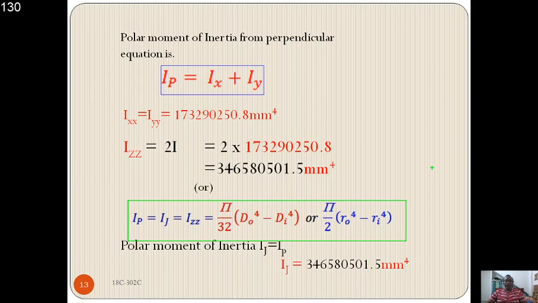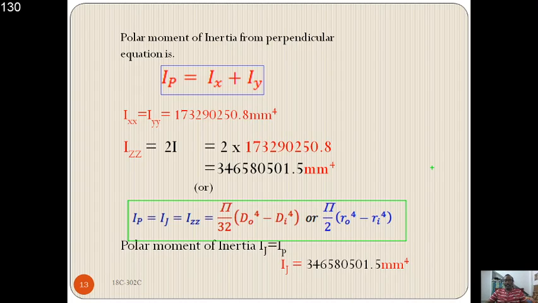Within 1 minute, you can give the answer in competitive exams. Remember, the I value for this hollow circular section is pi by 64 times the difference of those dias to the power of 4, whereas the polar moment of inertia for the hollow circular section is pi by 32. That is the only change, pi by 32.